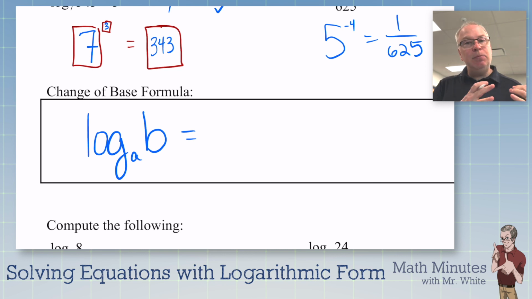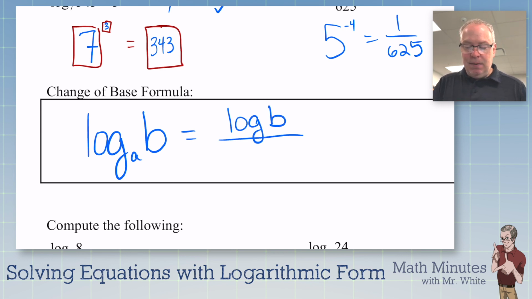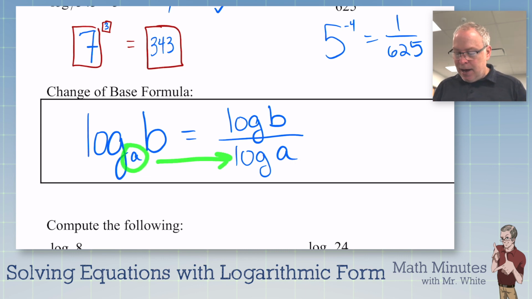So it's convenient to be able to change the base to something that our calculator can do. So here's how this goes. We write log of b divided by log of a. Notice that the base goes down low because the base is always sort of foundational, right? The base is under everything is the way I remember that. So the base goes on the bottom.